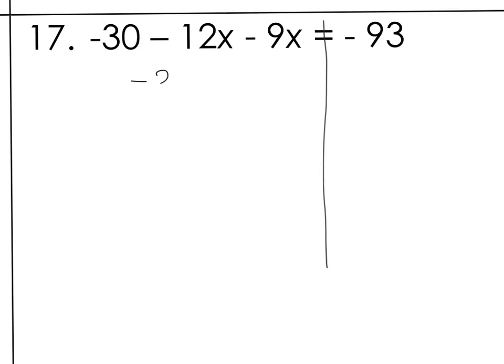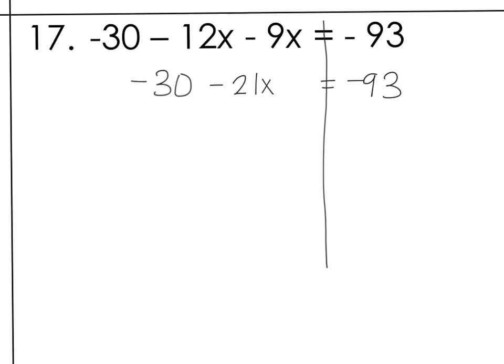Bring down your negative 30, but I have negative 12x minus 9x. Put those together, you get negative 21x equals negative 93.